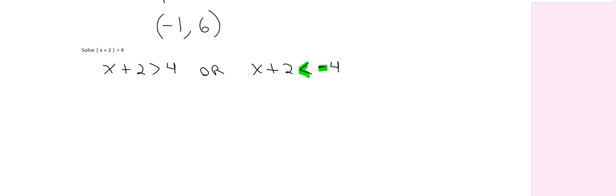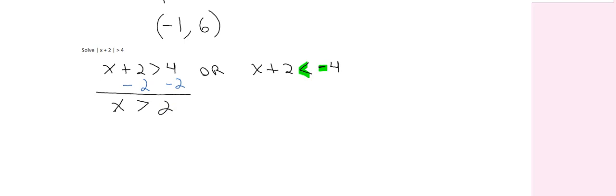Once you have those two cases split up, then again we continue solving like any other regular equation. So we're going to say minus 2 on both sides. And when we say minus 2 on both sides, that means that I have x greater than 2. And this is it for this side.